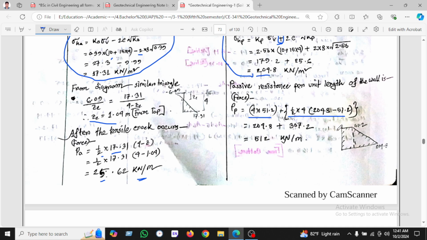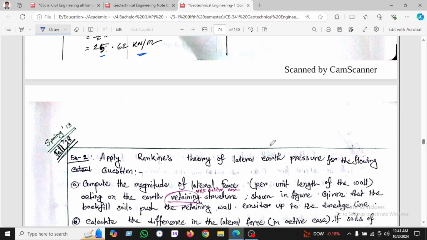So the trapezoidal: 4 is here and 51.5 is here, plus this portion half into height 4 and length equal to 240 minus 51.5, so 15 kilonewton per meter.